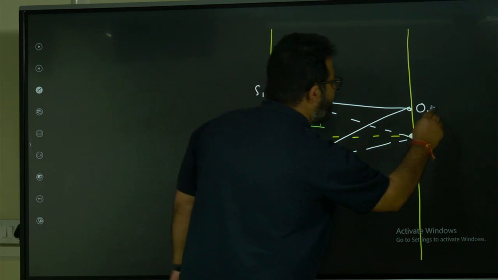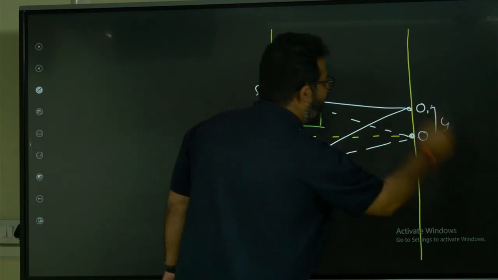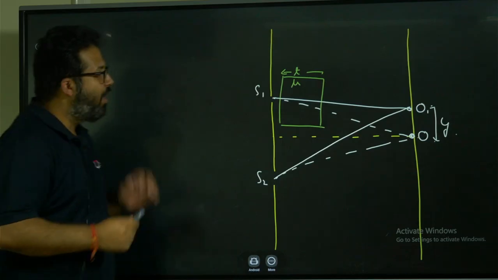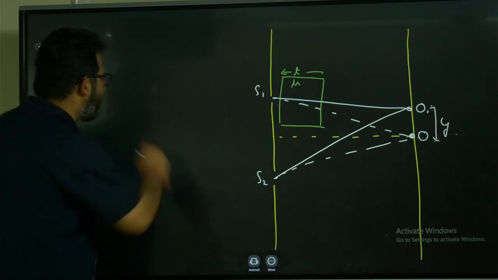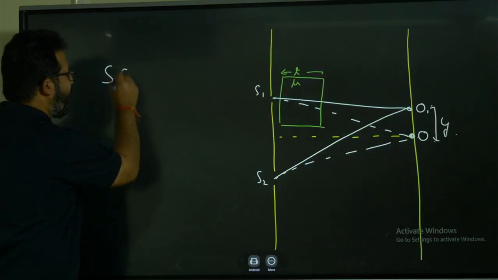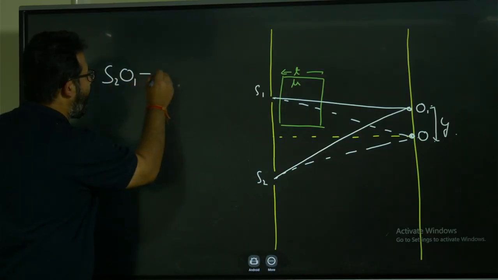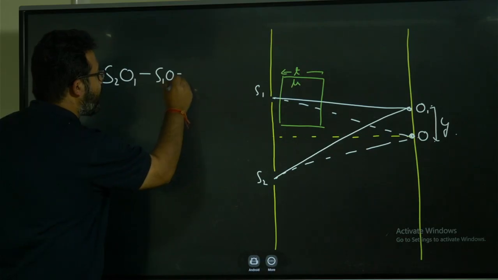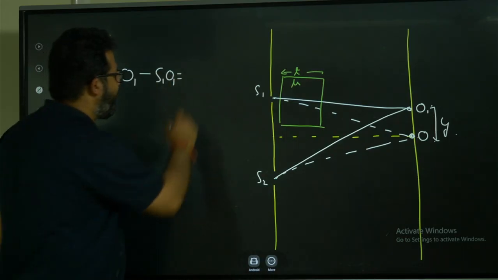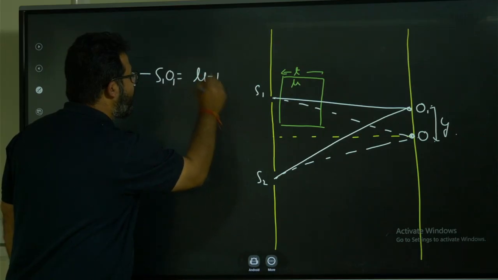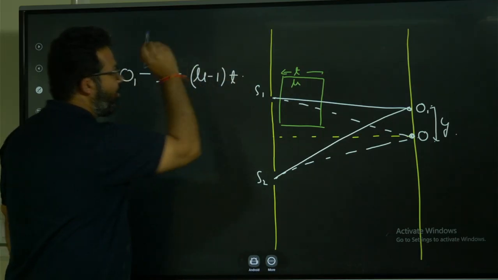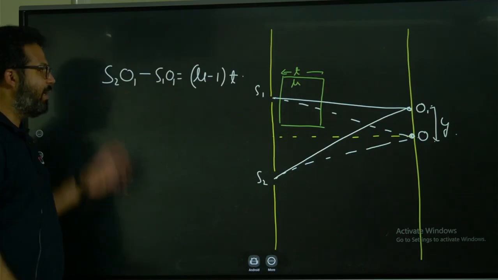This Y is called the fringe shift. How can you calculate its value? We know that S2O1 minus S1O1, the path difference, will be equal to mu minus 1 into t.